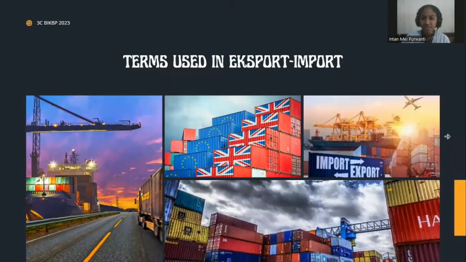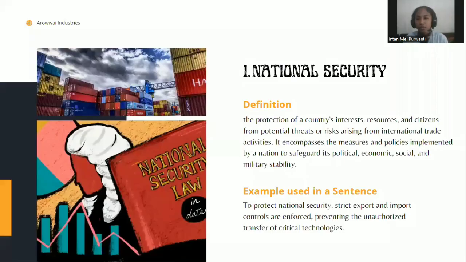So we are at the last content of my presentation, which is terms used in both export and import. The first term that I found is national security.